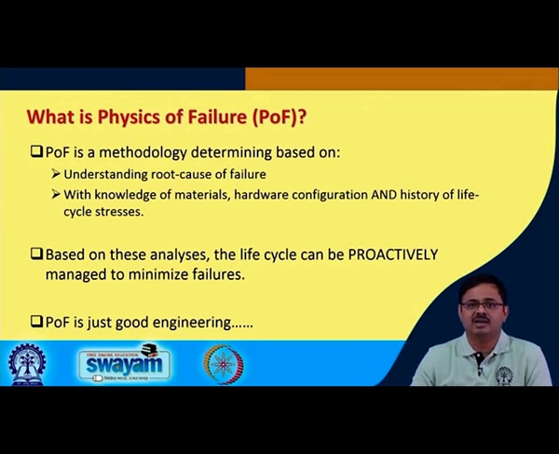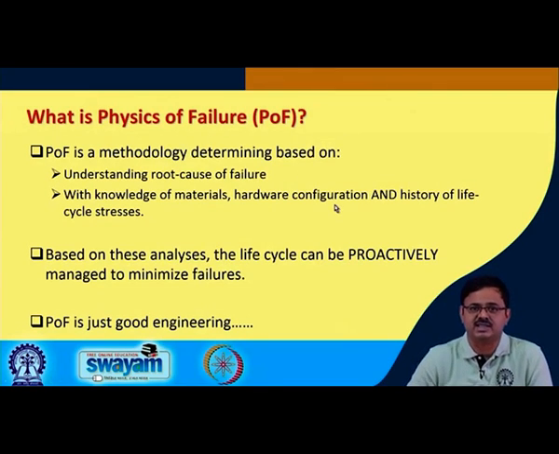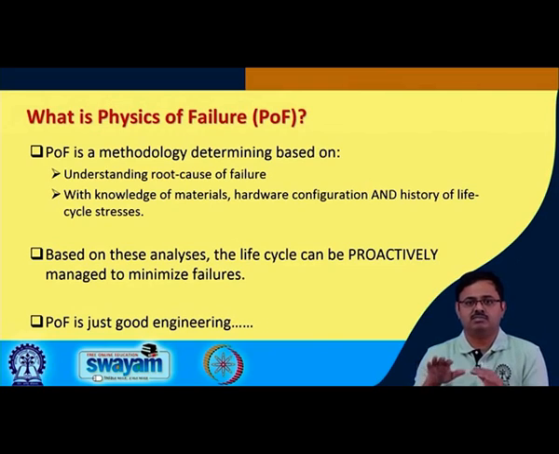So, from that point of time, if somebody has to predict the life, he needs to know what this car has been subjected to before that. Okay. So, that is what I mean when I say history of life cycle stresses. I may be a very aggressive driver, my friend may be driving mostly in third gear and fourth gear at optimally between 40 and 60 kilometers per hour.